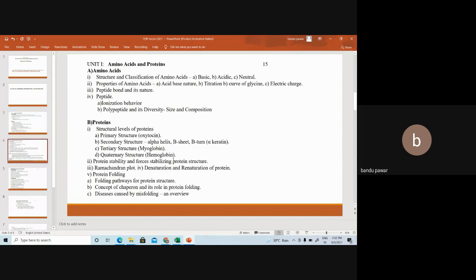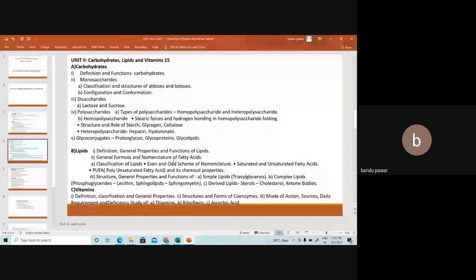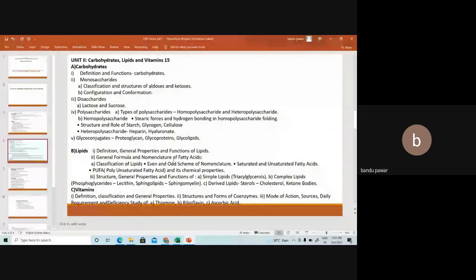Then unit second, in which carbohydrate, lipid and vitamins are involved. Carbohydrate is the most abundant biomolecule present on earth, and carbohydrate is synthesized by plants through the process of photosynthesis, and that carbohydrate is consumed by heterotrophic animals or organisms.